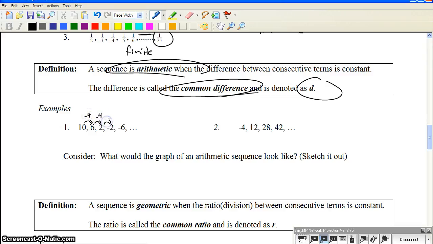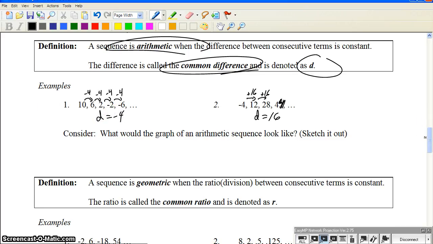Minus 4 each time. Okay, and there's a little typo on the notes. That should be a 44. But the common difference on number 2 is plus 16. So d for this one is 16, and d for the first one is negative 4. Does that make sense?